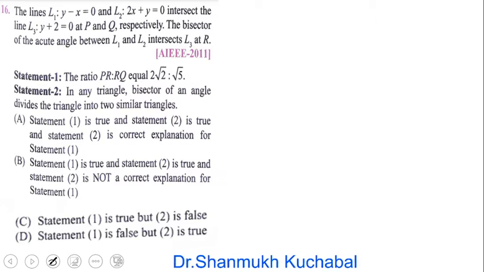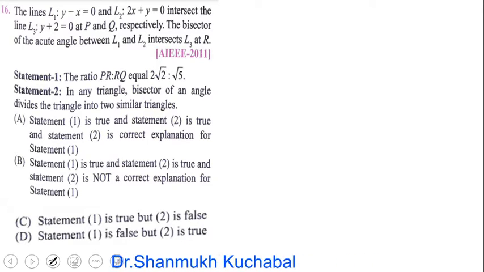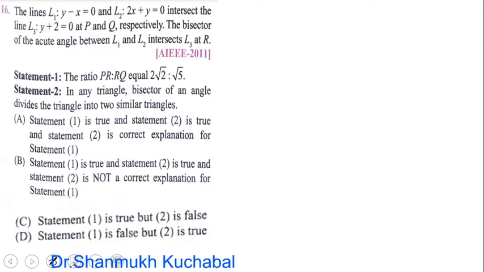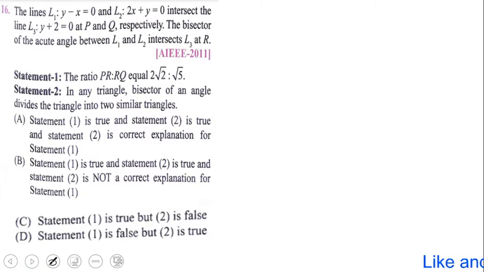The bisector of an acute angle between L1 and L2 intersects L3 at R. Statement 1: the ratio PQ is to RQ equals 2 root 2 is to root 5. Statement 2: in any triangle, the bisector of an angle divides the triangle into two similar triangles.